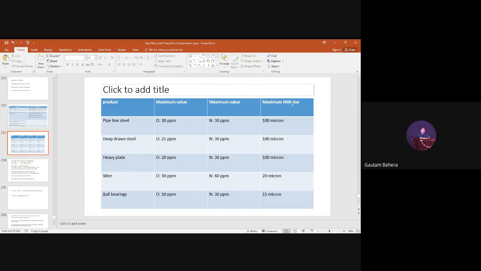So that's why the size of inclusions is less, 20 micron. You can see another example, ball bearings. Maximum oxygen should be 100 ppm, and the size of NMI is 15 micron, less than this one.